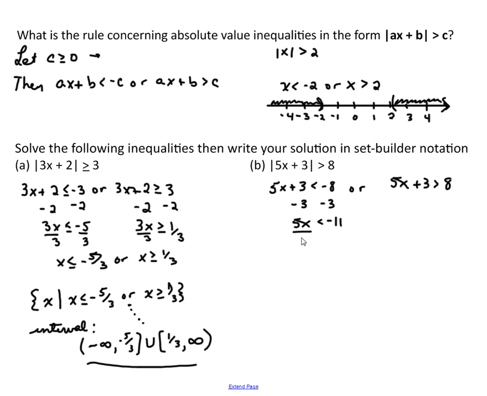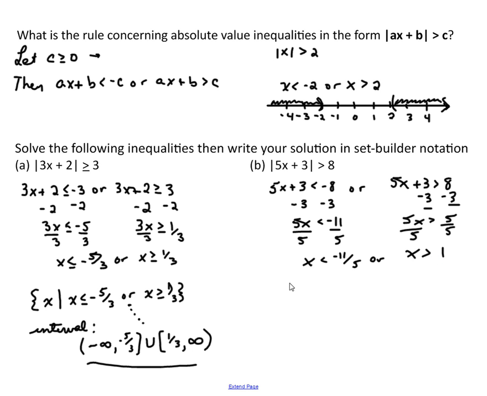Dividing both sides by 5, x is less than negative 11/5. Or, subtract 3, 5x is greater than 5, divide by 5, x is greater than 1.